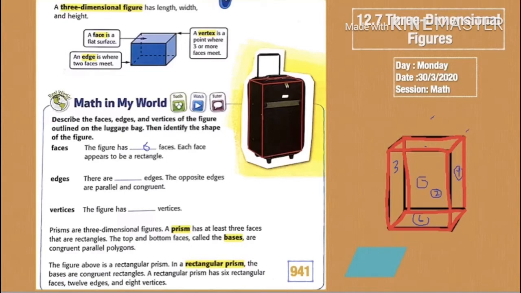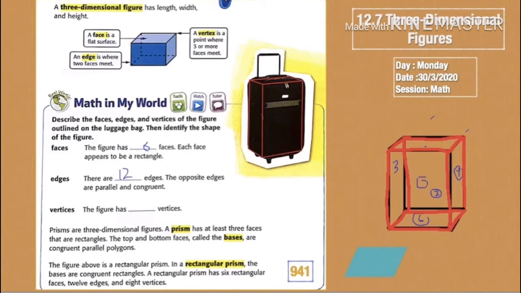So I have 12 edges, right? So I can write 12 edges. And you can see the opposite edges are parallel and congruent. They have the same length, and if you extend them a long way, they will never intersect.